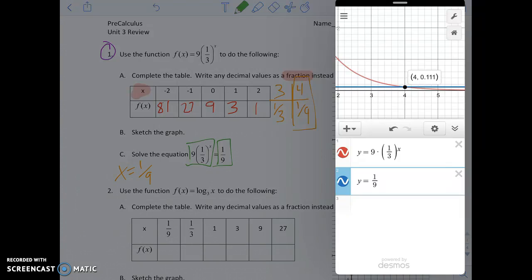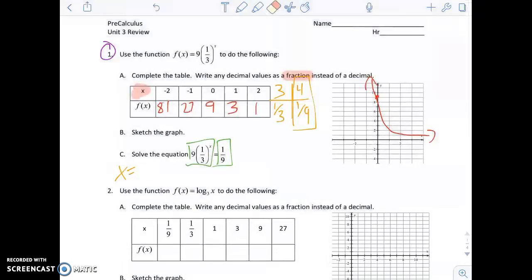Right, and I want to look at the x value there, which is x equals 4. If you use that method on a test, make sure you actually write out that you put the graphs into Desmos.